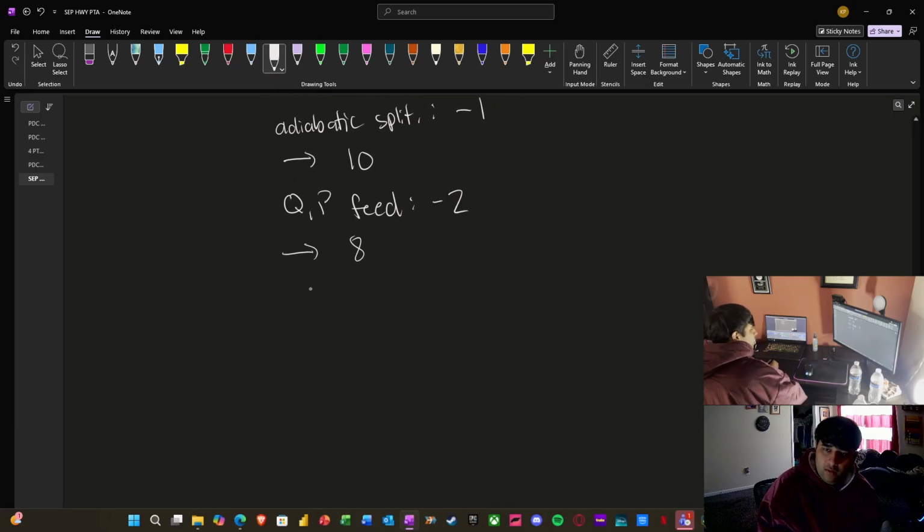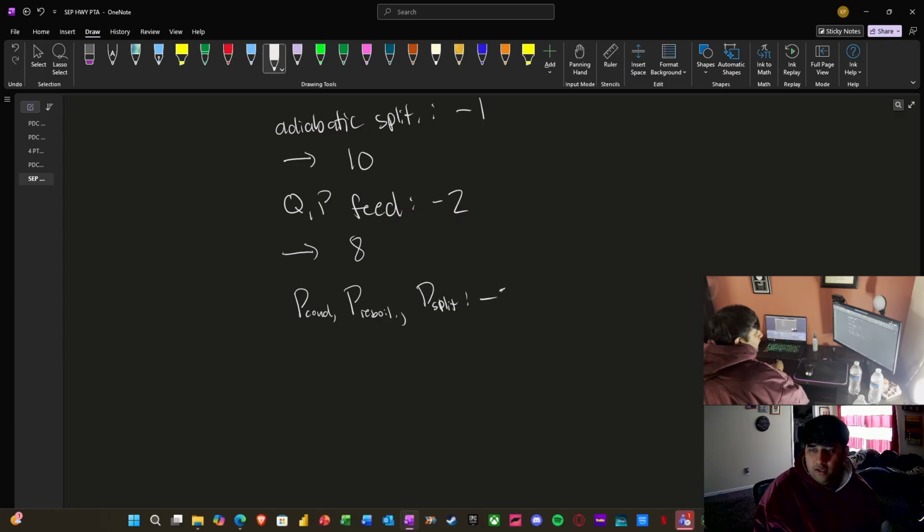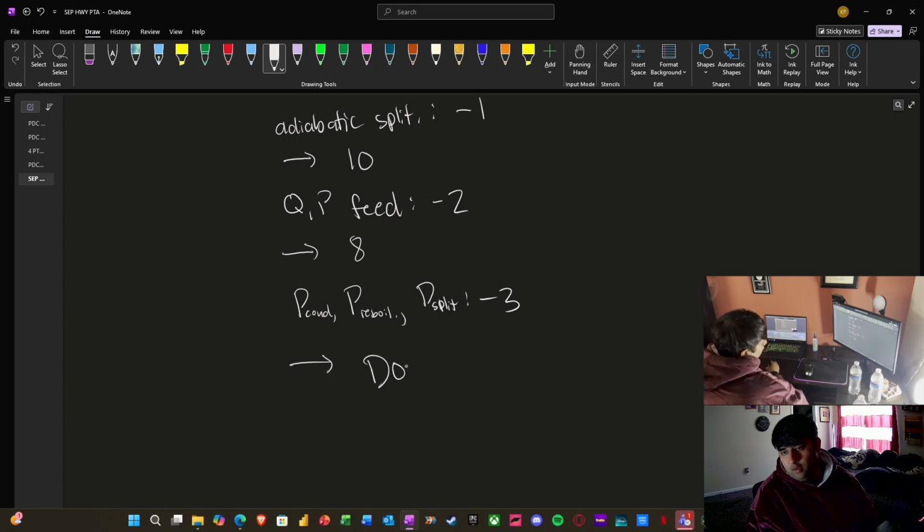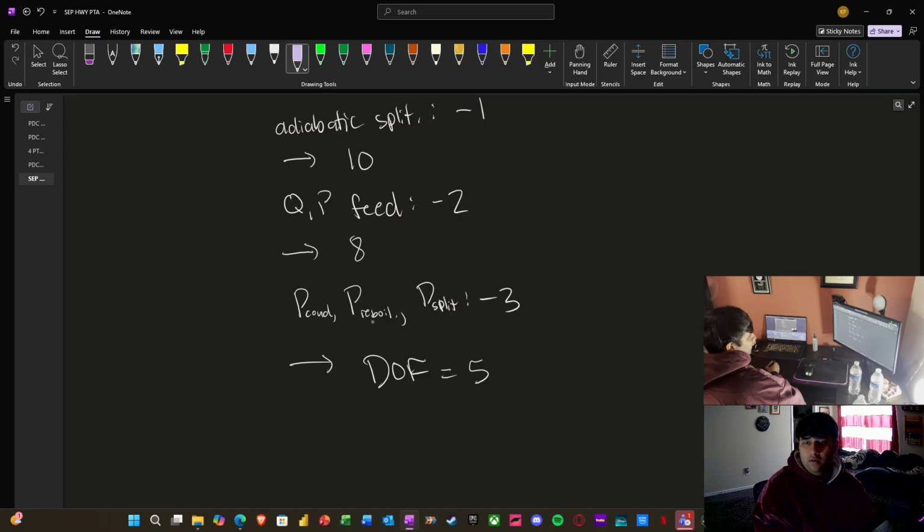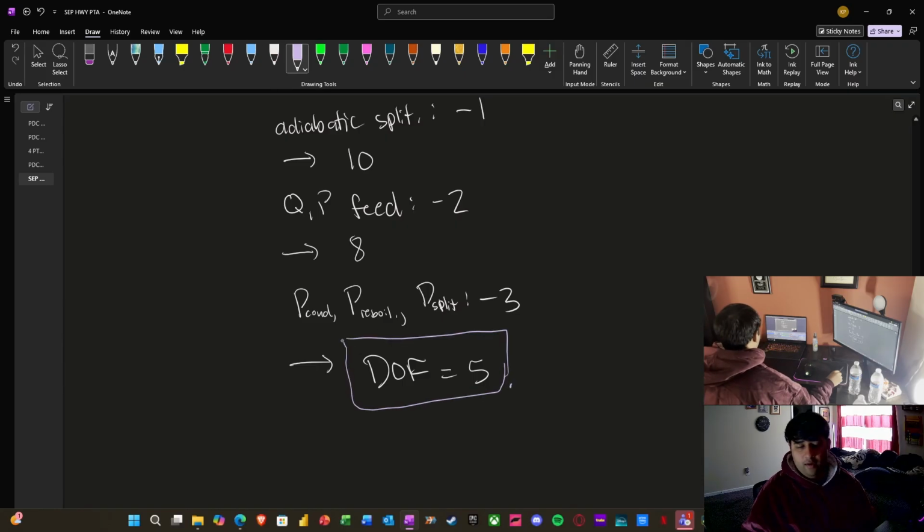And lastly, if we consider the pressure of the condenser, the reboiler, and the splitter, we get negative 3. So finally, our DOF will be 5. So that's how many degrees of freedom for this entire problem. We brought it down to 5. And that concludes part A of separations homework 4.